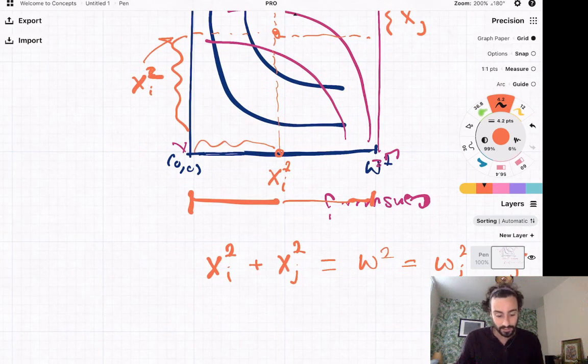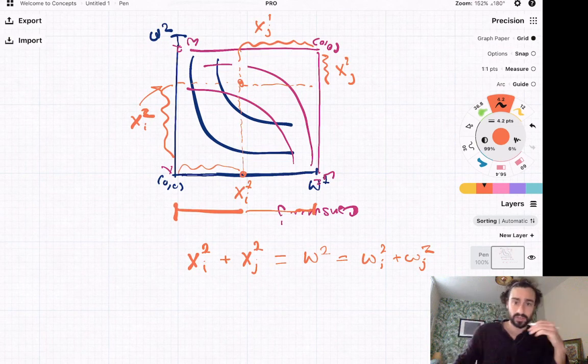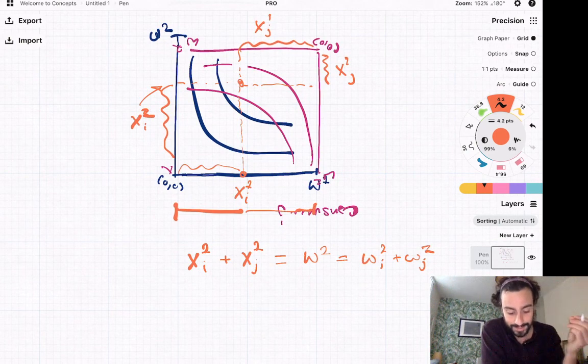The endowments represented the length of the vertical leg of the box, and any position has some vertical combination. It just splits the box into two, right? And the upper half is the consumption for consumer J, and the lower half is the consumption in that particular market for consumer I. So we have a very succinct representation of this economy, where each point in the box represents a possible allocation, and the box itself represents the initial endowment, right?